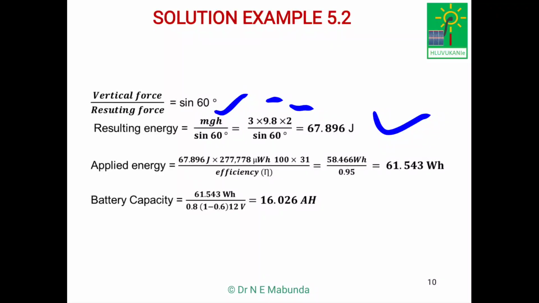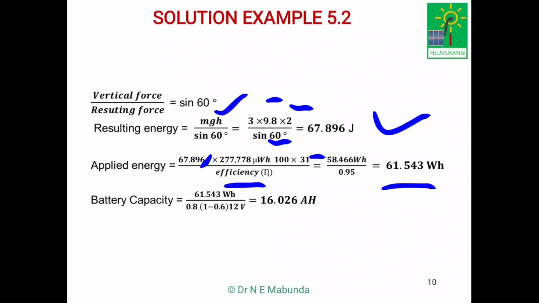So they've changed joules to that, and then the joule disappears there, because now you substitute with 277.78, and then it is moving how many times? 100 times for 31 days, and you divide by the efficiency of 95%, and that's the energy which you use.